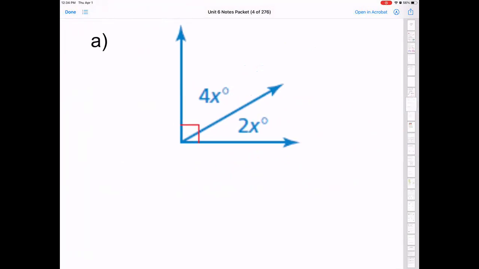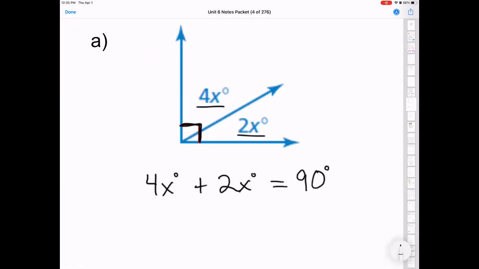In other words, if I take this angle right here, 4x degrees, and if I add on this other angle, 2x degrees, I should, in grand total, get this 90 degrees. So they should add to be 90 degrees.